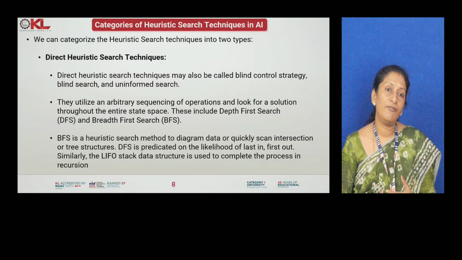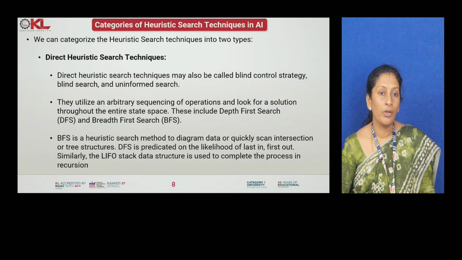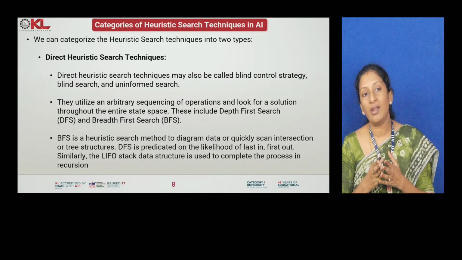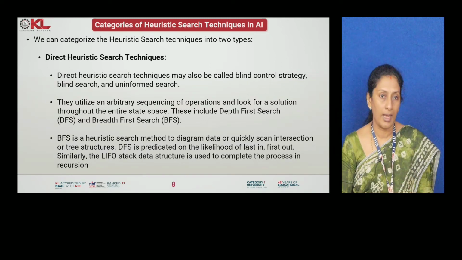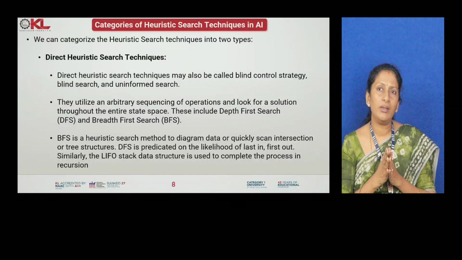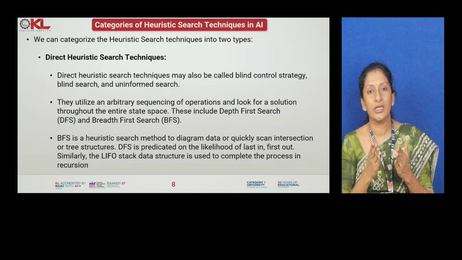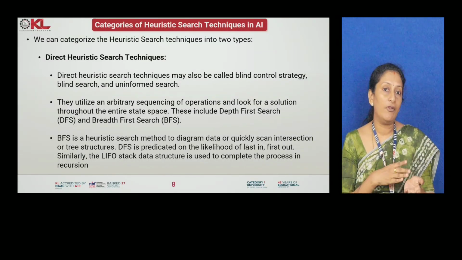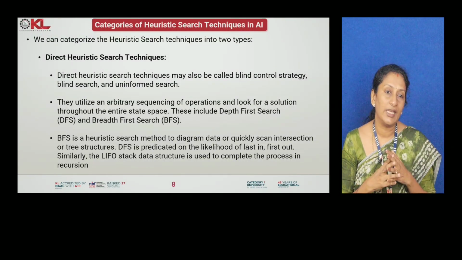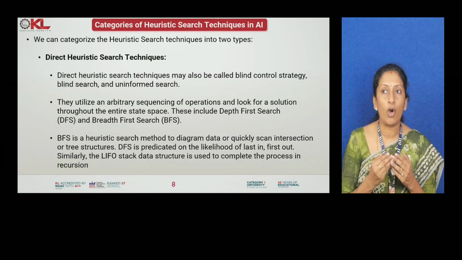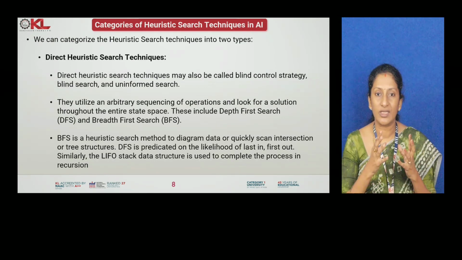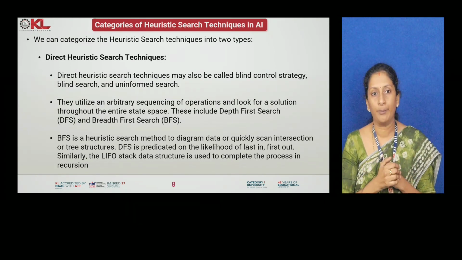And there are different types of heuristic search techniques. They are categorized into direct heuristic search techniques and indirect or weak heuristic search techniques. Generally speaking, we divide the algorithms which solve search problems in AI into informed search algorithms and uninformed search algorithms, where in uninformed search algorithms we follow a particular blind strategy to traverse the state space or search space in order to get the solution.